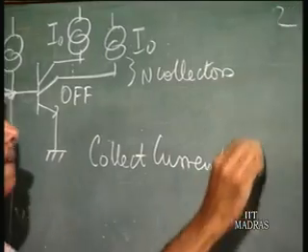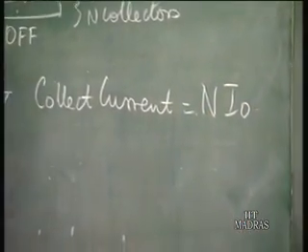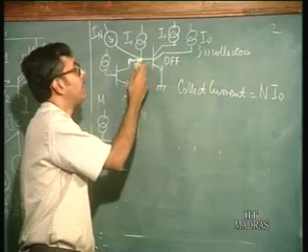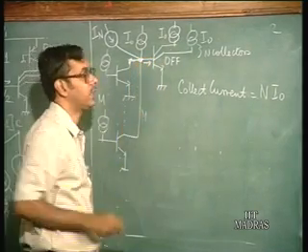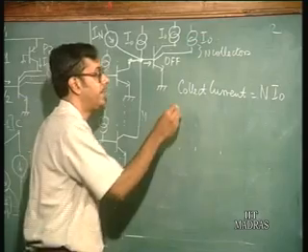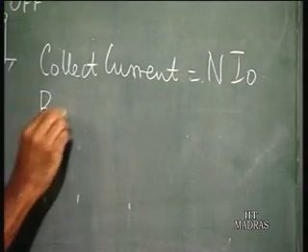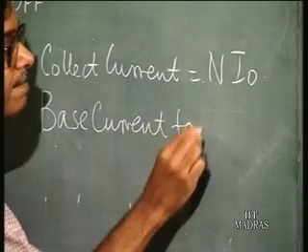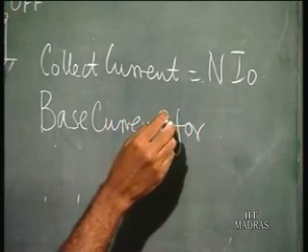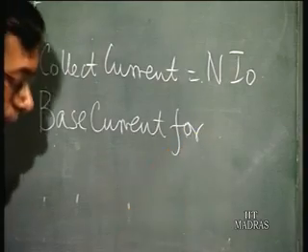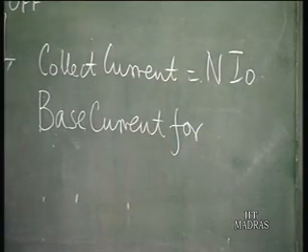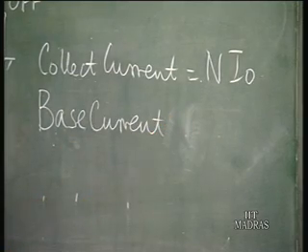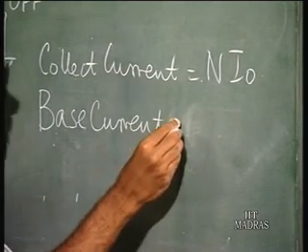We shall consider that this transistor is turning on when the base current reaches a certain value; we have to assume a certain base current when you say that this transistor is reasonably turned on.